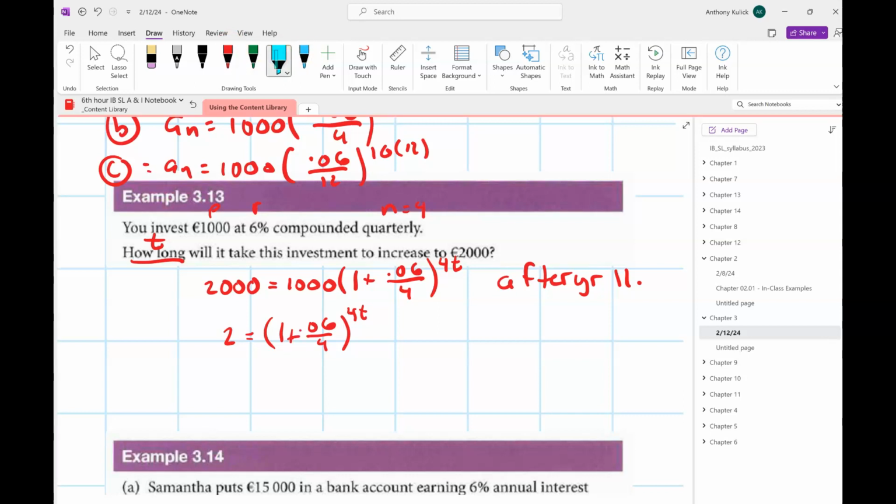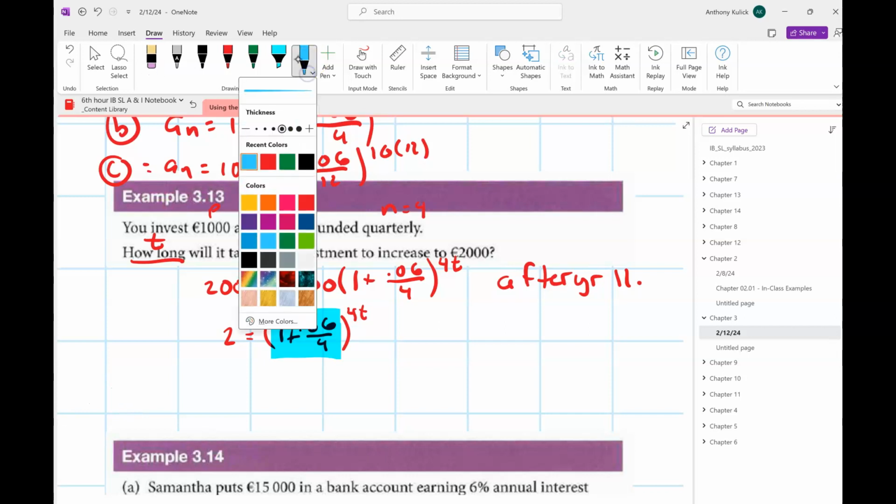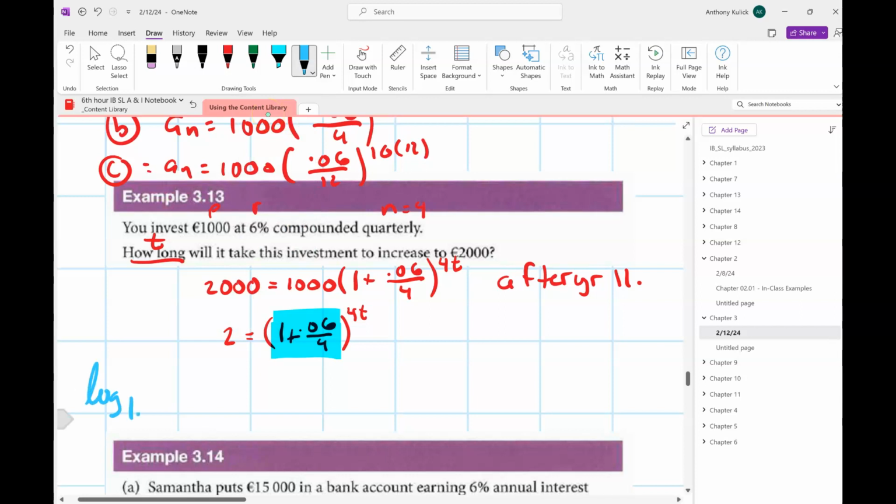The logarithm I want should match the base of the exponential. So what we'll do is we'll take log base 1 plus 0.06 over 4. And we'll do that to both sides.